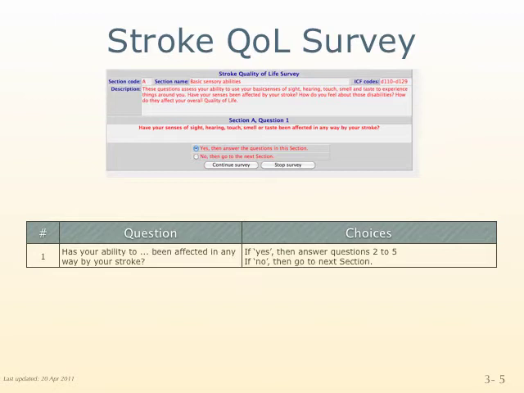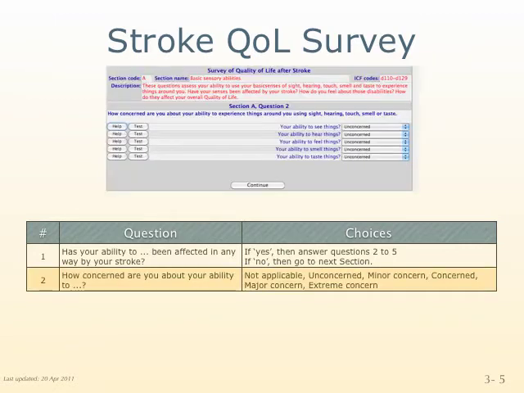It determines if the stroke survivor needs to answer questions 2 to 5 in the current section or can simply skip to the next section of the survey. Here we see a screenshot of question 2, which asks about the survivor's level of concern about disability items in the current survey section.